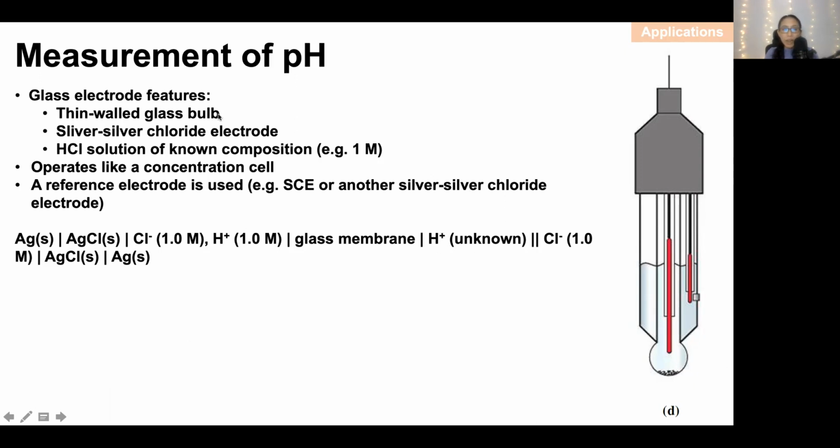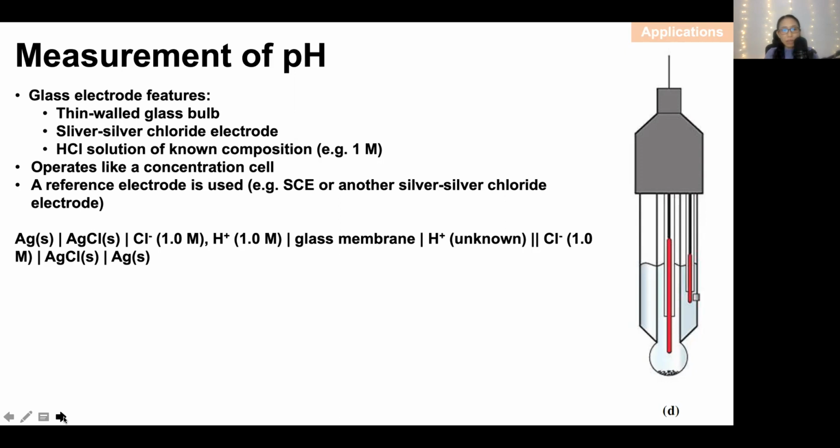So the hydrochloric acid of known solution is reflected here in this part of the cell diagram. This one is your sample, the one whose pH you are measuring. And then you have your reference electrode. Actually, it's the other way around. The reference electrode is the one at the anode. So this is your reference electrode, and then you have your standard electrode in the cathode.